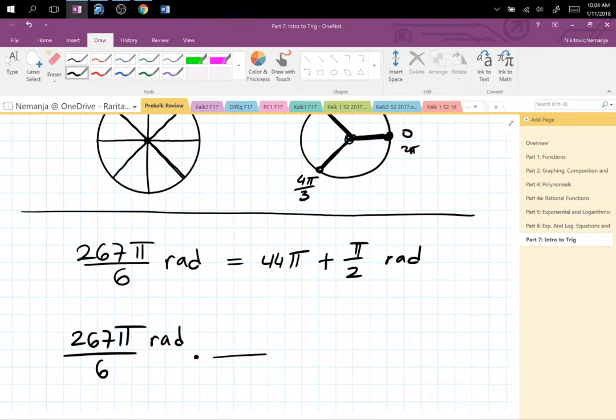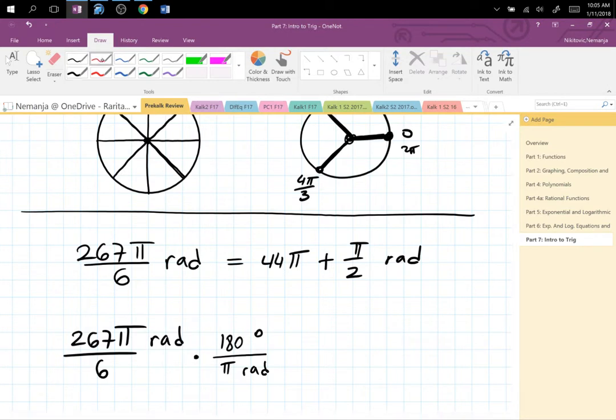You put the unit you want to cancel on the bottom, and you put the unit you want to keep on top. Because radian will cancel radian. That's why you put it on the bottom. And now, obviously, 180 is associated with degrees, and pi is associated with radians. That's the way you deal with conversions.